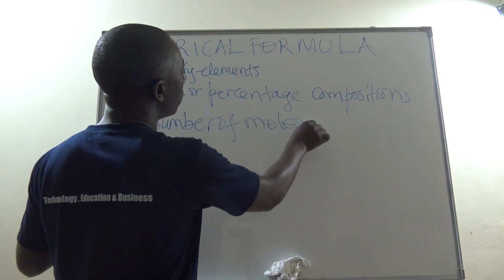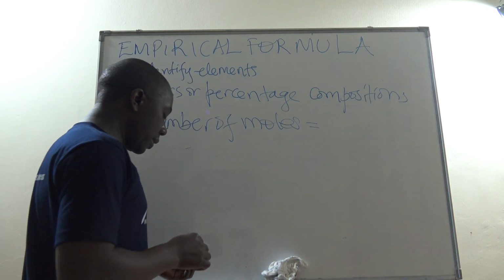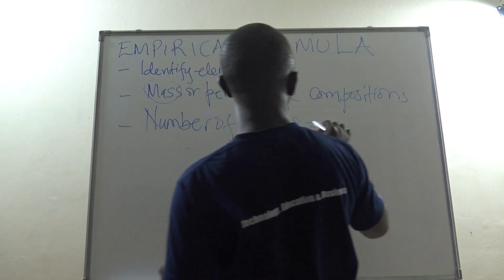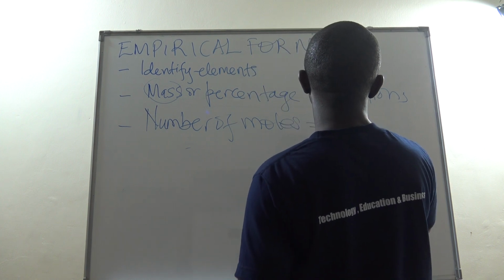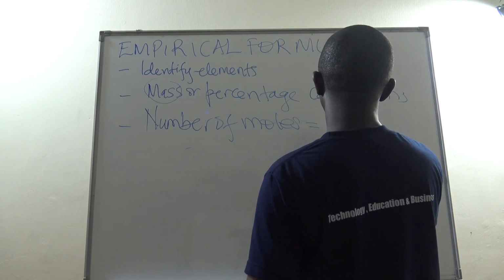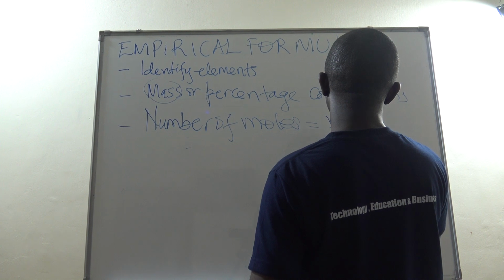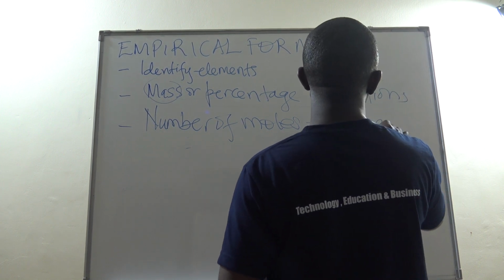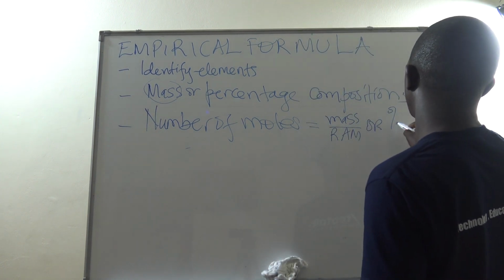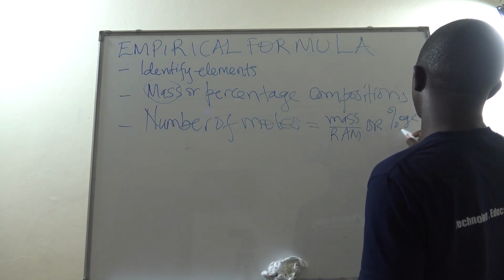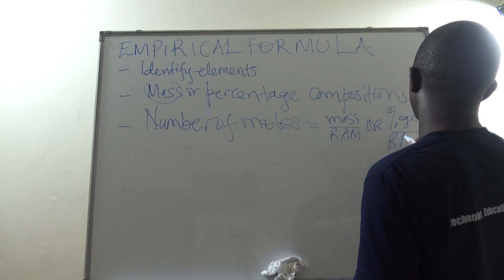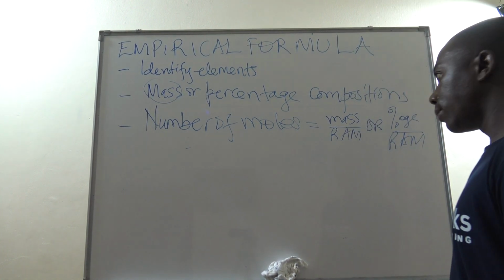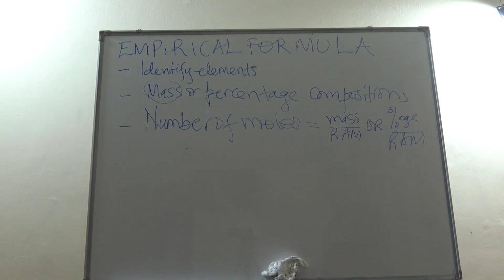And this number of moles, how do we obtain them? Depending, if you have the mass, then you take mass out of relative atomic mass. Or if you have the percentage composition, you'll have the percentage out of still the RAM. That is how we obtain the number of moles.